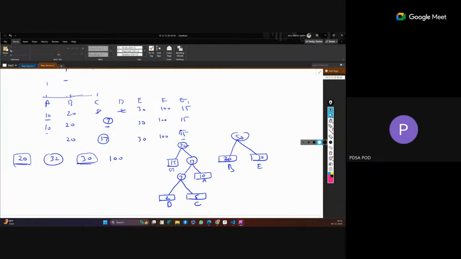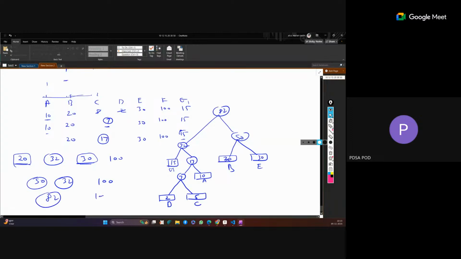Now this 50 is an internal node, 32 is also an internal node, and 100 is still a frequency. So next is 50 and 32. Both are already in the tree, so just add them. So 82. Now 82 and 100, where 100 is still a frequency.